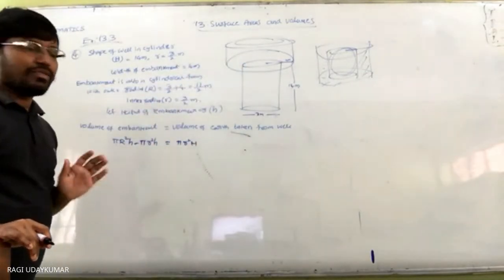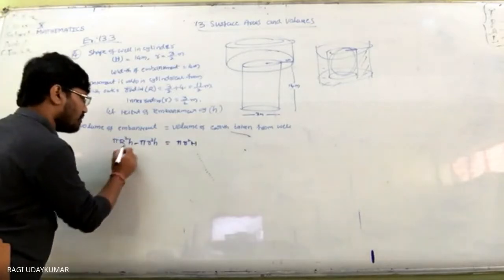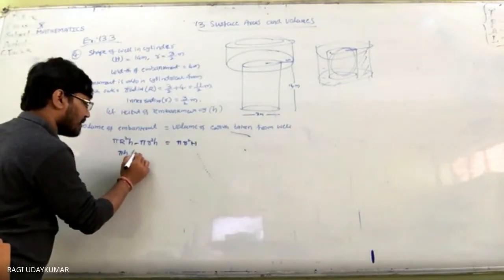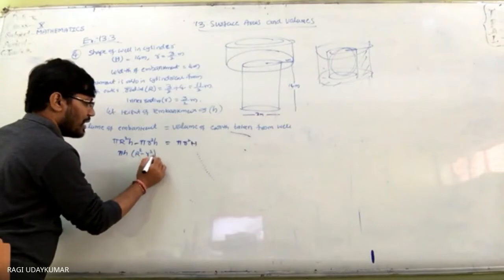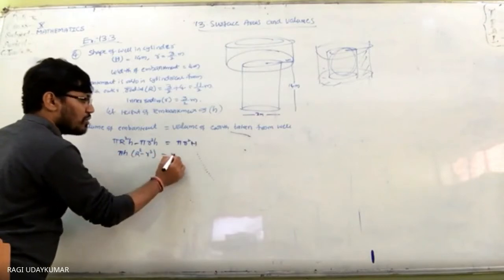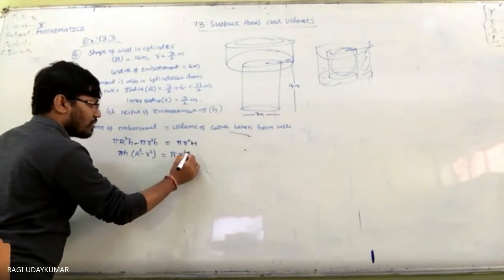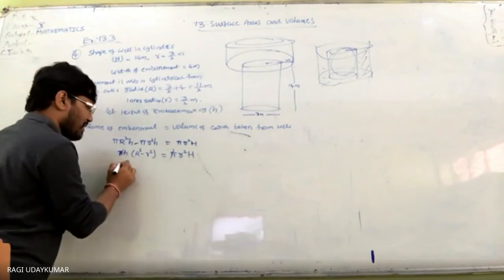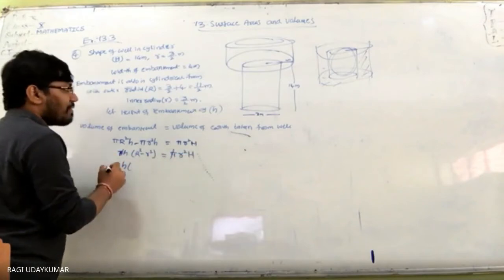Please note this down properly. From this you can take pi h common, capital R square minus small r square. This h is needed to find out, equals pi small r square capital H. So pi will get cancelled. What is the value of capital R?